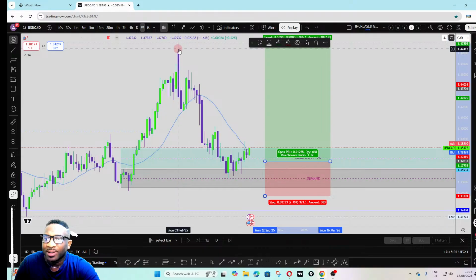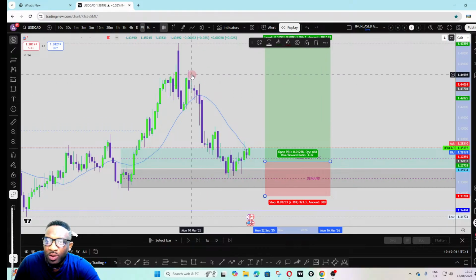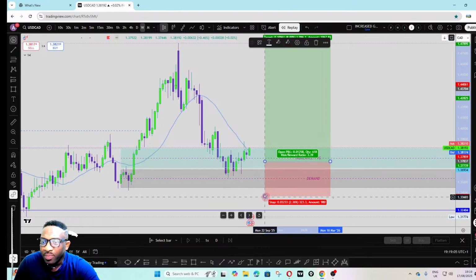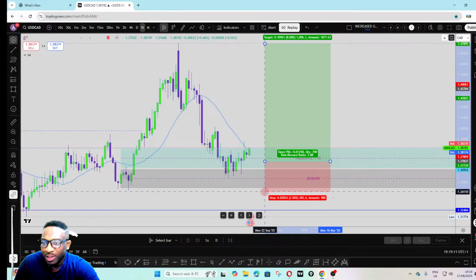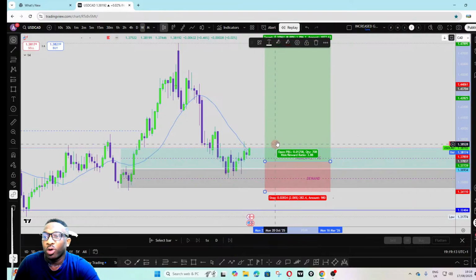Up here is an area where liquidity is sitting. Liquidity is all along here, all up to this point. So if we get into this trade from somewhere here, stop loss below here, this is more or less a swing trade targeting this high.